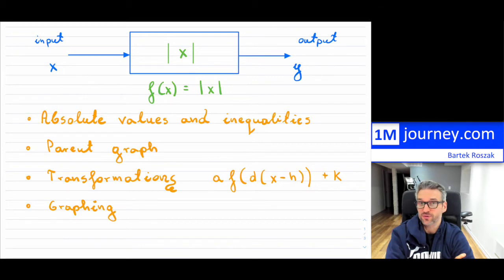I'll do a few examples for this absolute value function, just to bring you back from grade 11, because transformations you've done a lot, and I've done a lot of videos on those, so you can go back to that grade 11 content.